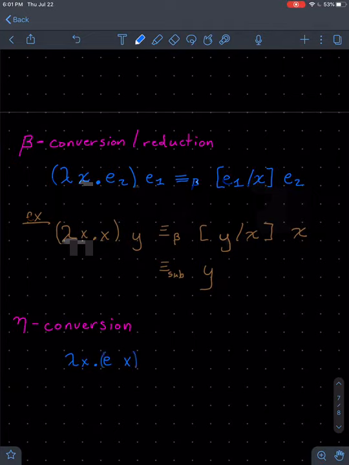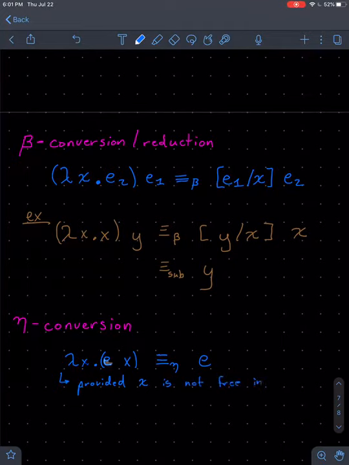I could put parentheses there. It is equivalent under eta conversion to just e. And then the same caveat as before: provided x is not free in E. So provided E doesn't contain any x's inside it, right?